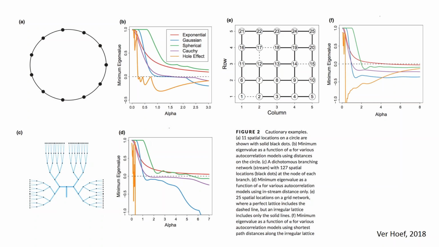The distance here is defined as the shortest path between two points, which is not Euclidean distance. If you look at the minimum eigenvalues, as we increase the range parameter, the eigenvalues can be negative. There are also two other examples here.